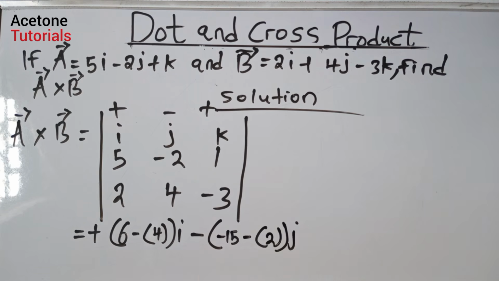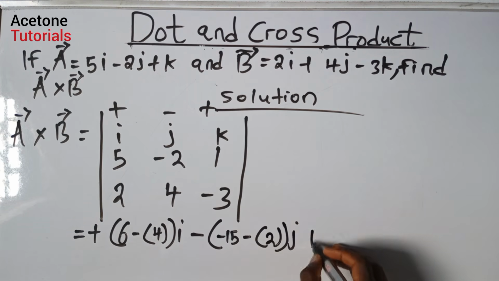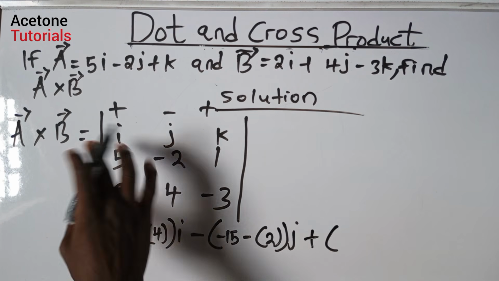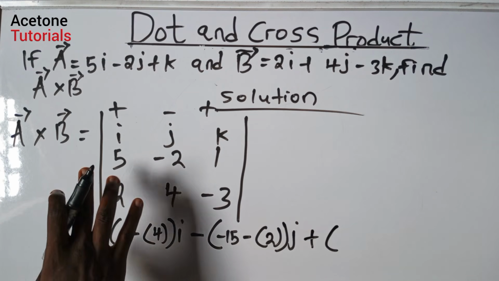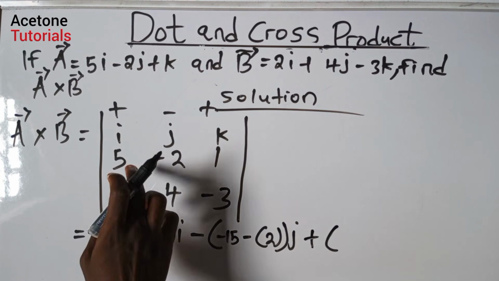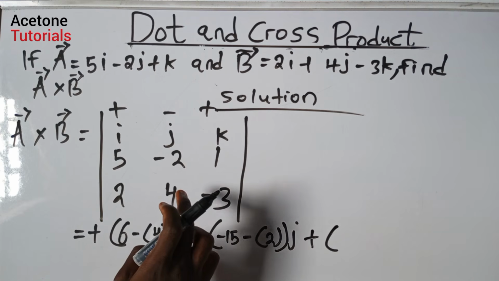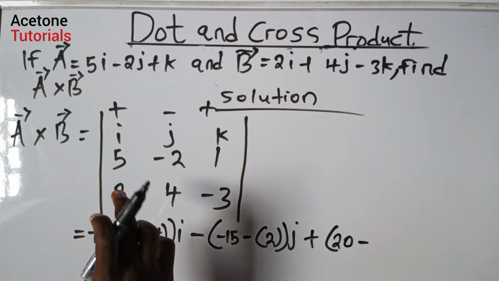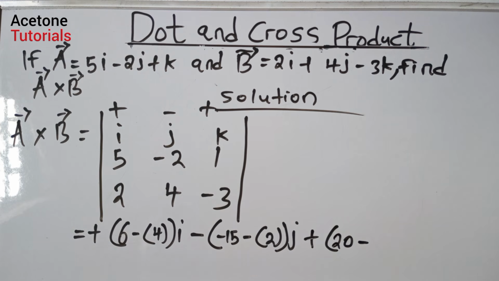J. For the K, plus, ignore what is under K. Then find the determinant of this: 5, minus 2, 2 and 4. 5 times 4 is 20. Minus 2 times minus 4, which is minus 4. Okay.